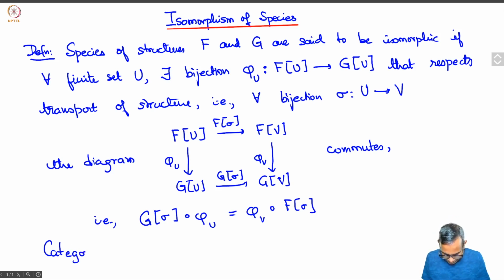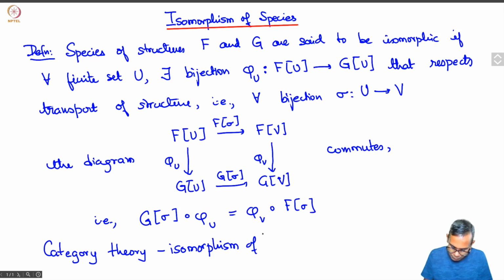And in category theory language, this is an isomorphism of functors. Actually, it's a natural isomorphism of functors, so I'll just call it natural isomorphism.